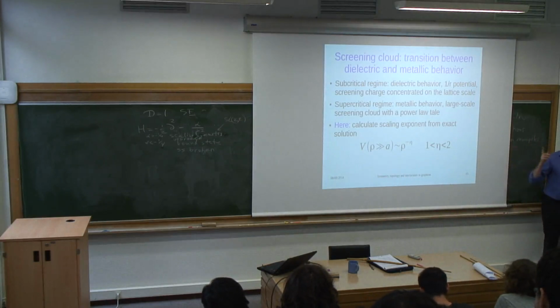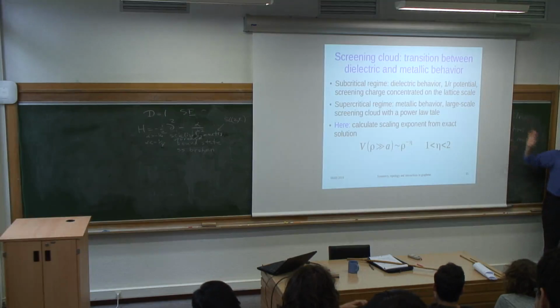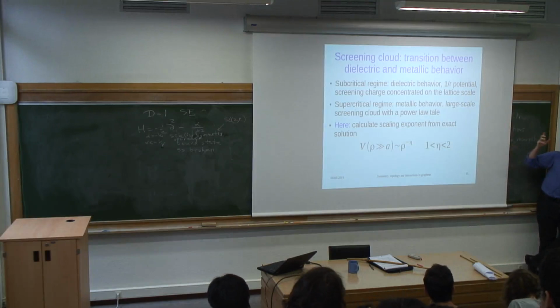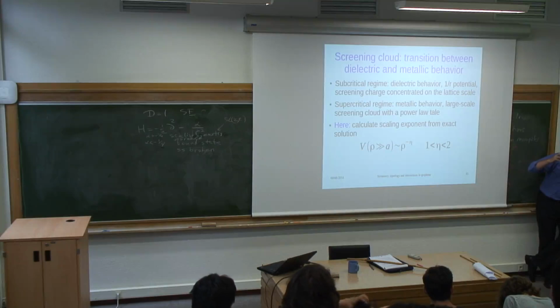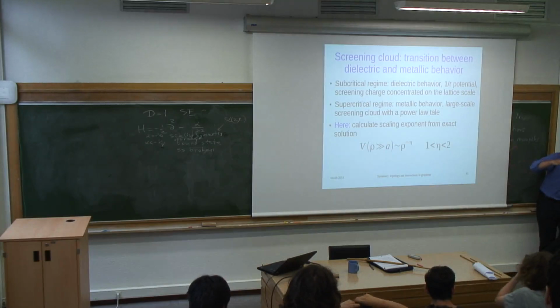And what you find at weak coupling, and we'll see that when we switch to interactions, is that the screening cloud is like in a dielectric, meaning that if you put a point charge in a dielectric, this screening charge will be 1 over r, but diminished in magnitude.